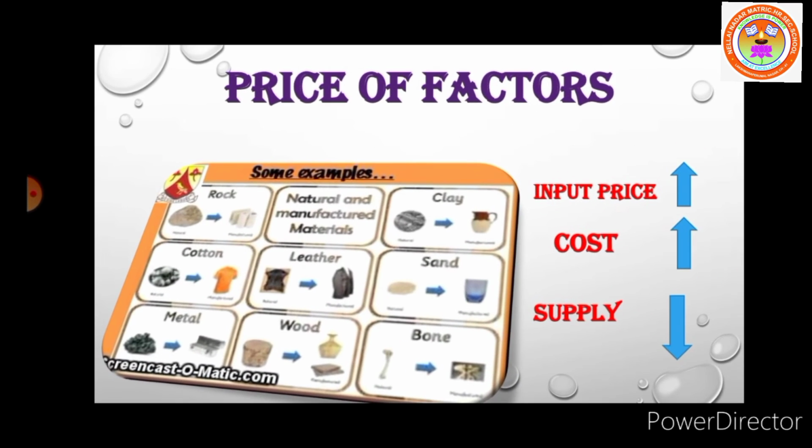Price of factors. When the input price goes up, this results in a rise in cost, and so supply will be affected. Input price increases, then cost also increases, so supply decreases. The supply of a product would decrease with an increase in the cost of production.